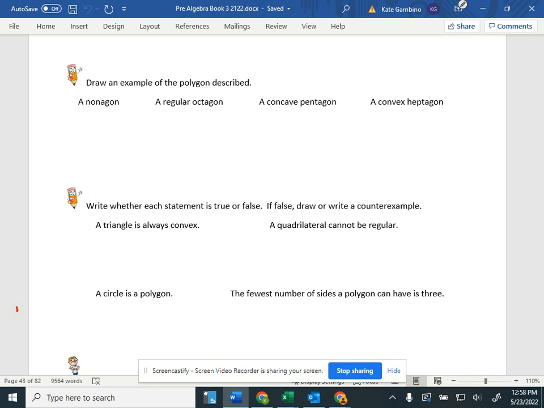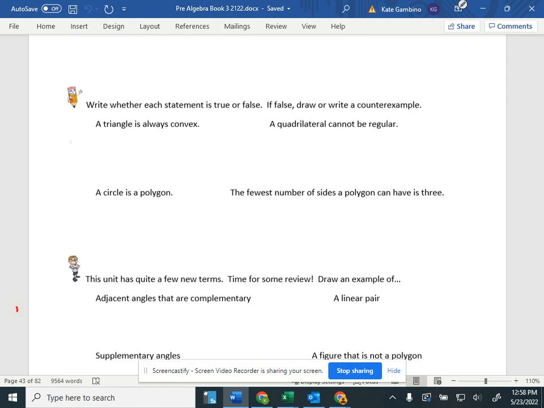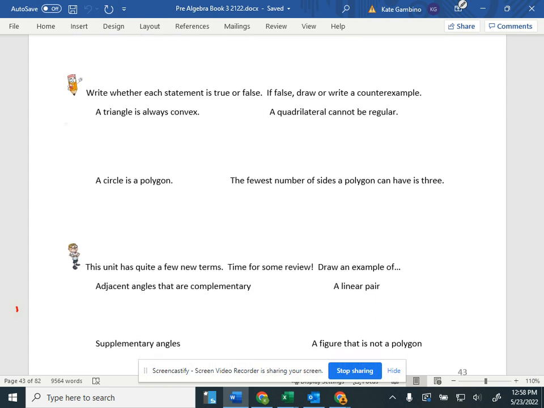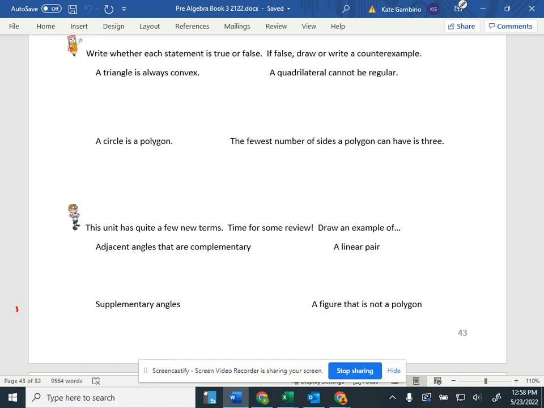If it's concave, what's it going to look like? So really think about what your shapes will look like. Then you're going to write whether each statement is true or false. And if it's false, you're going to draw or write a counter example. Make it true.